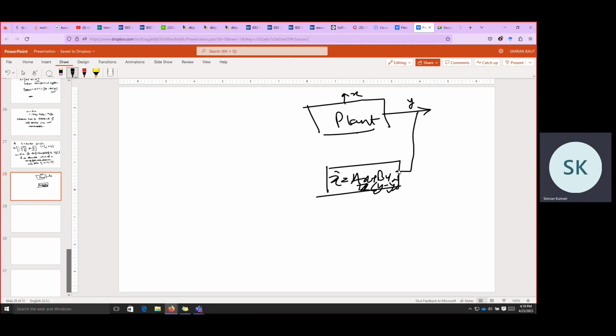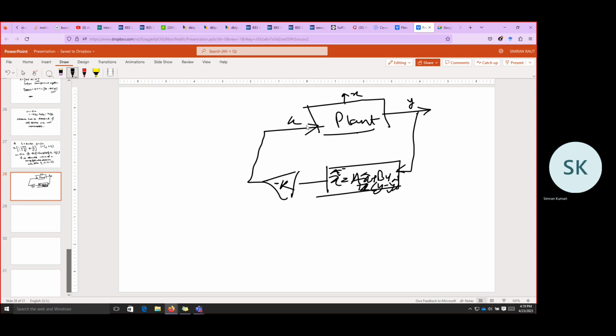So Y is the input to the system, and from here we get X cap. We have this minus K, and this is the input to this system. It gives us X hat.